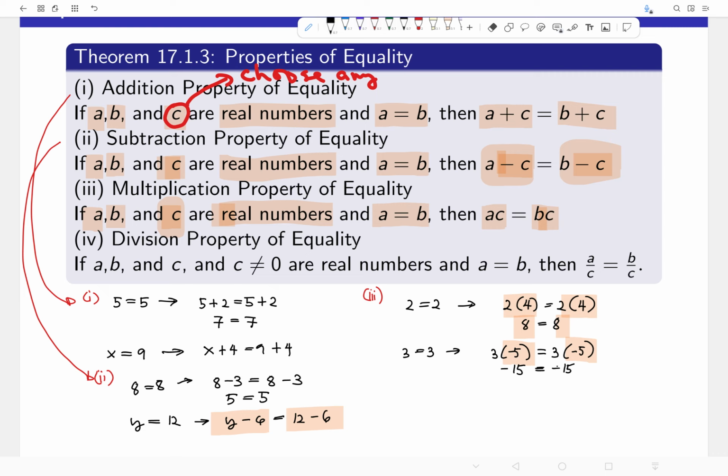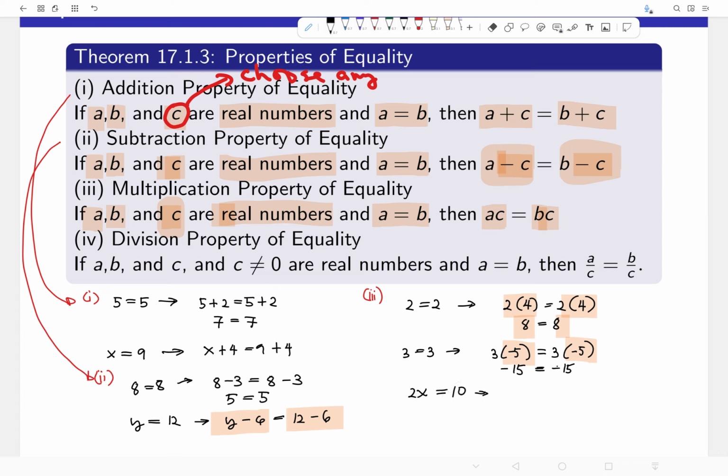When you apply this in an expression, let's say 2x equals 10.